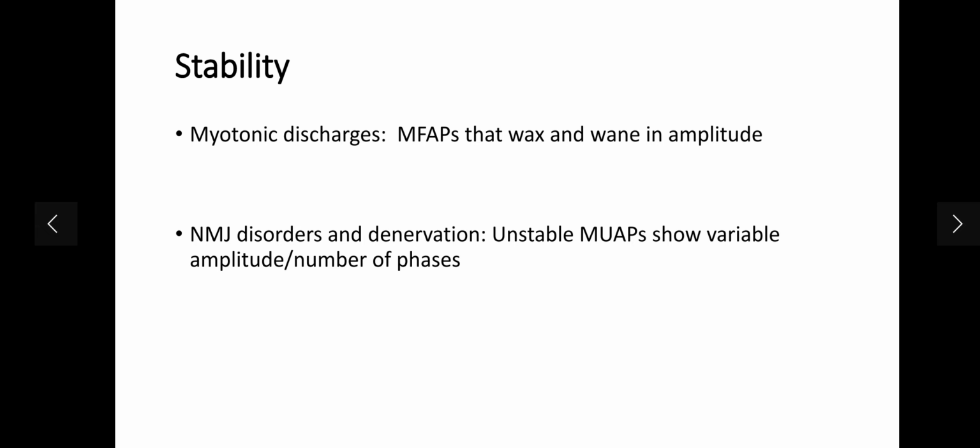In other neurological conditions, like neuromuscular junction disorders and sometimes with denervation, the motor unit action potentials show some variability in amplitude and number of phases because of blocking of some of the muscle fibers. So you will see some variation in their morphology, and this is stability. If you see this, we call it an unstable motor unit.